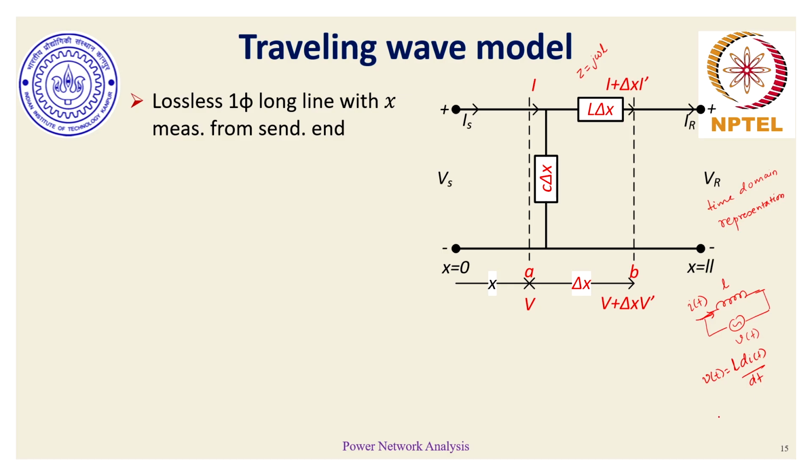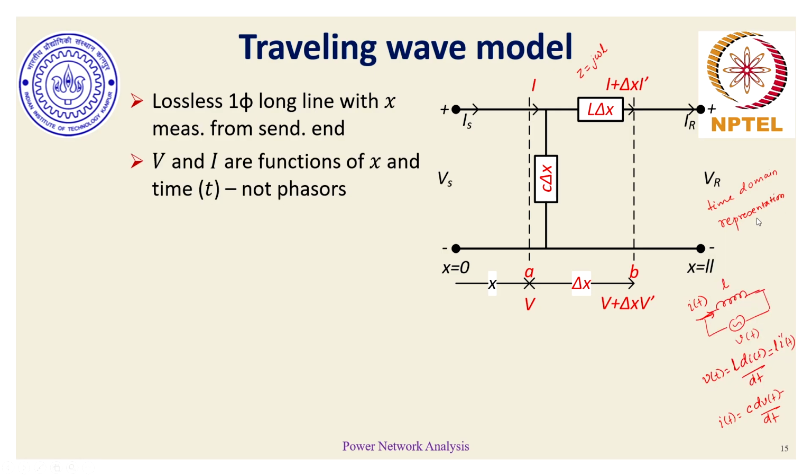Similarly, for a capacitor, the current through the capacitor is the first derivative of the voltage across the capacitor multiplied by the capacitance. These first derivatives, di by dt and dv by dt, I'll represent as L of I dash t, and C of V dash t. Those V dash and I dash terms essentially refer to these derivatives.